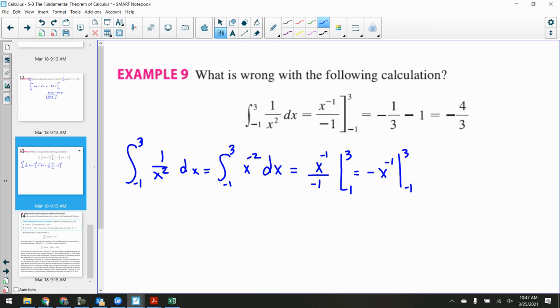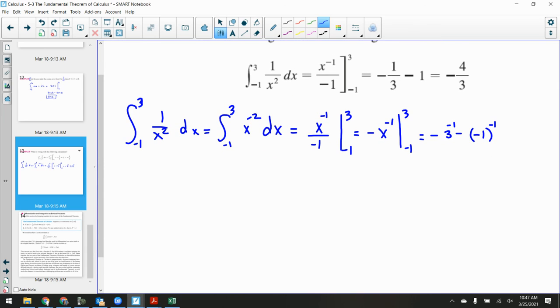Okay. All right. So top minus bottom, -3 to the -1 minus -1 to the -1. And that negative is sitting out front, right? I guess it doesn't matter because it's an odd power. Okay. So let's see what happens here.